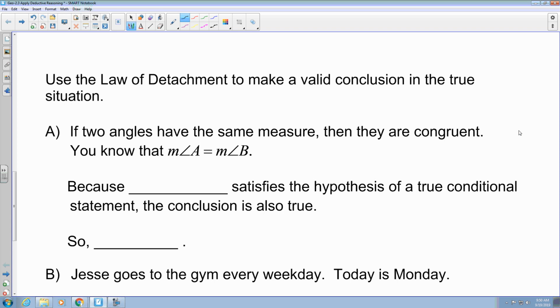You know that the measure of angle A is equal to the measure of angle B. Because that satisfies the hypothesis of a true conditional statement, we can conclude that angle A is congruent to angle B.